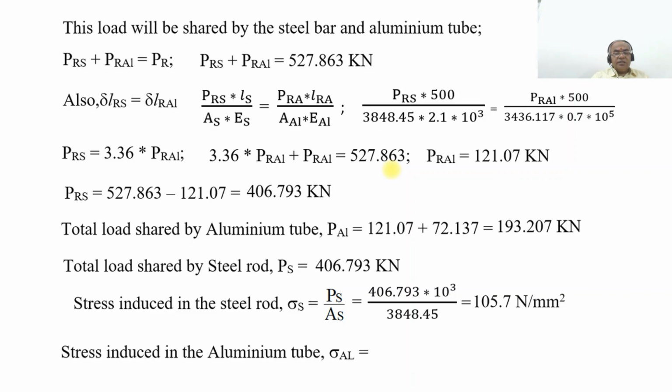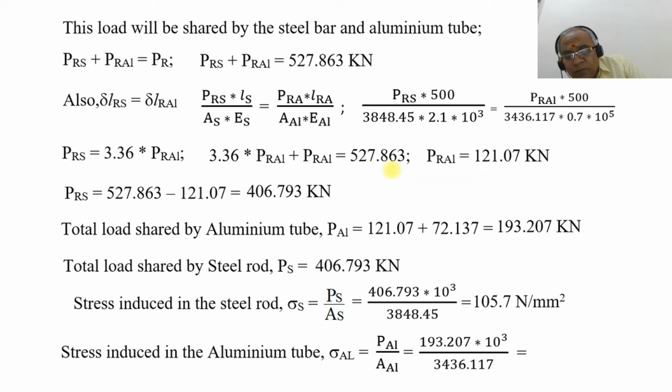The stress induced in the aluminium tube, sigma AL, equals PAL by AAL, which is 193.207 into 10 to the power of 3 divided by 3436.117. On simplification, you get 56.23 Newton per mm square.